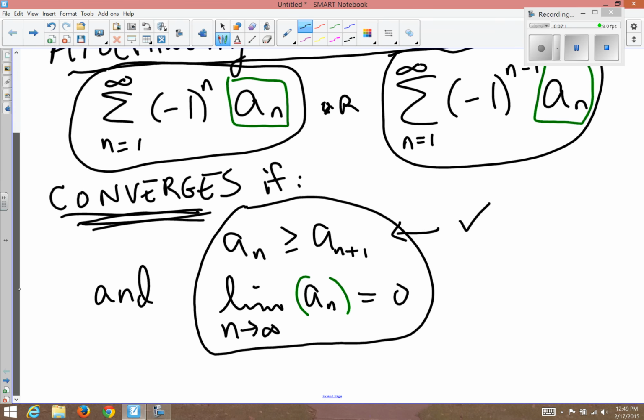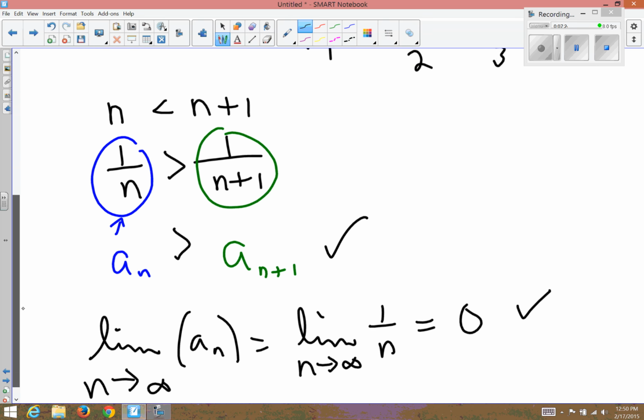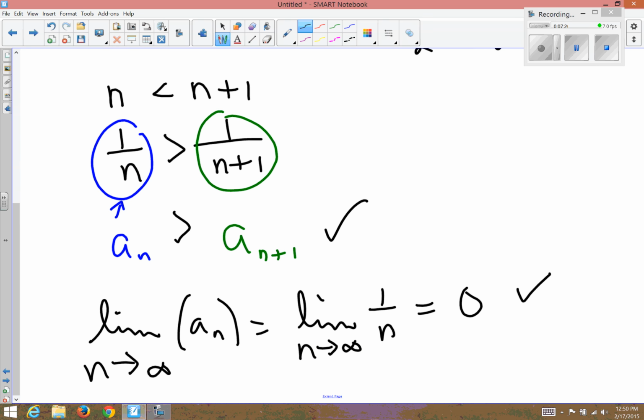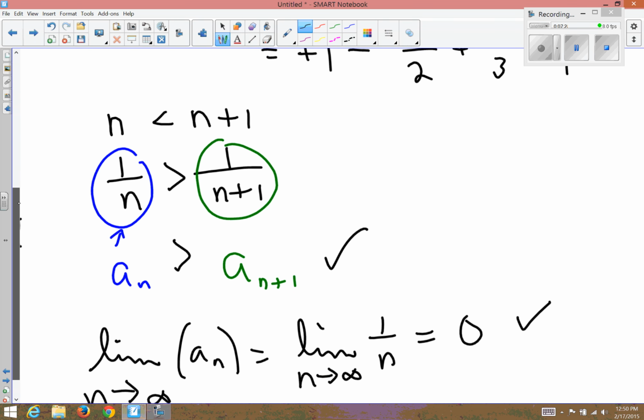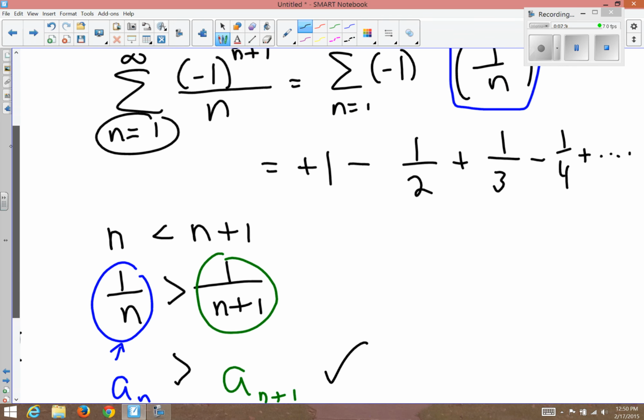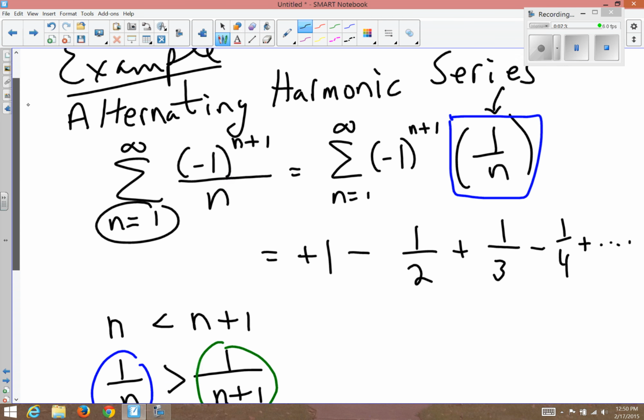In the alternating series test, there's only two conditions. a sub n has to be greater than a sub n plus 1, and the limit of a sub n as n approaches infinity has to be 0. Both of those are true for this series, the alternating harmonic series, which proves the alternating harmonic series converges.